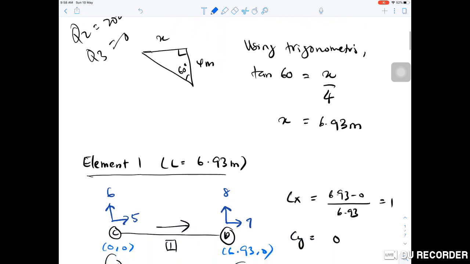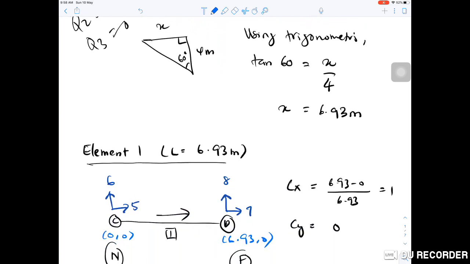So we analyze element by element because we want to analyze the truss using the stiffness matrix method. In order to do that, we have to establish the structure stiffness matrix, and the structure stiffness matrix can only be established from the element stiffness matrices. Divide the structure into elements first. So we have to analyze element by element, one by one.